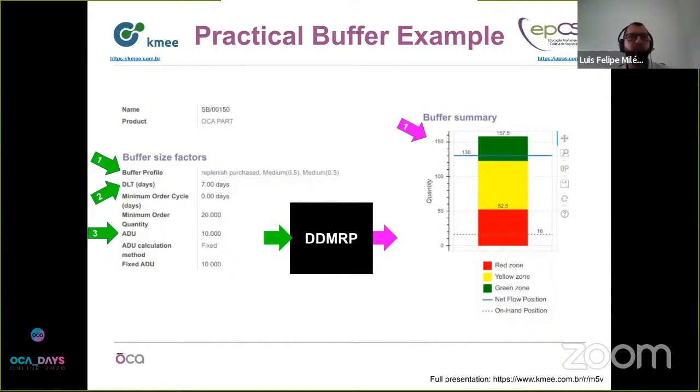And the second one is the lead time. In this case, it is the supplier lead time of 7 days, and in this case too, we have a fixed average daily use of 10 units.